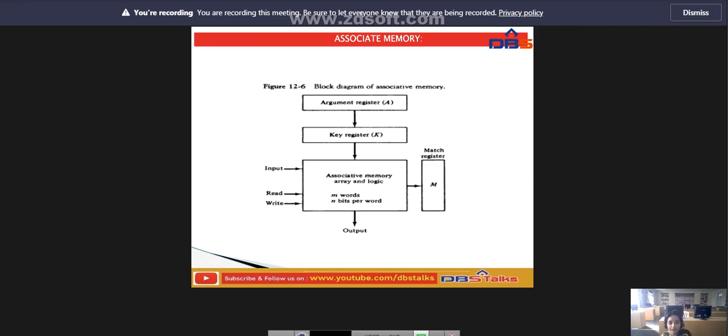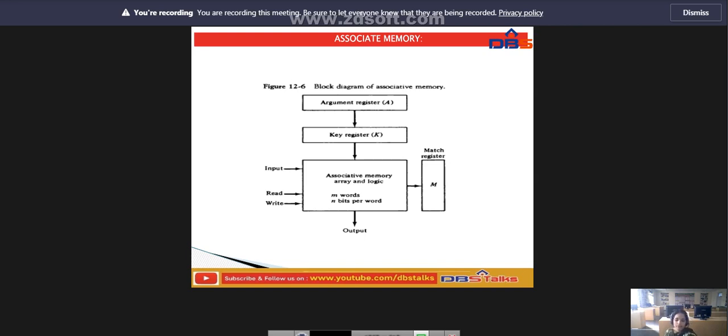So in this diagram, we have the associative memory array and logic in the middle. The associative memory is more expensive than RAM, because each cell must have storage capacity.